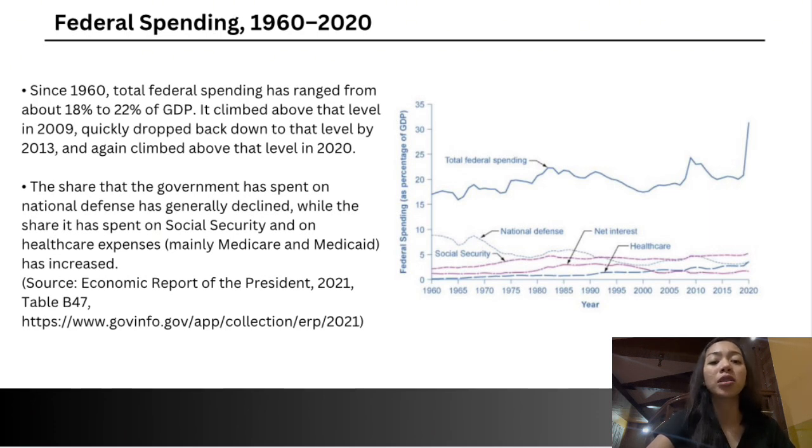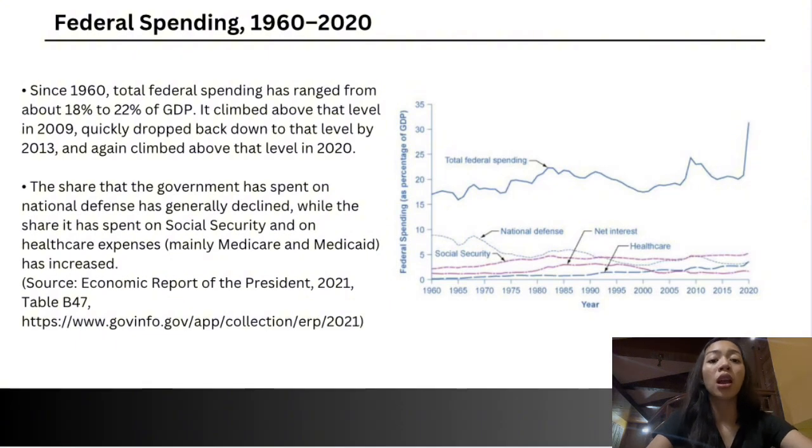The largest spending areas include, first, national defense, which covers military operations, weapons, personnel, and national security efforts. Second is social security, which provides retirement benefits, disability income, and survivor benefits to millions of citizens.